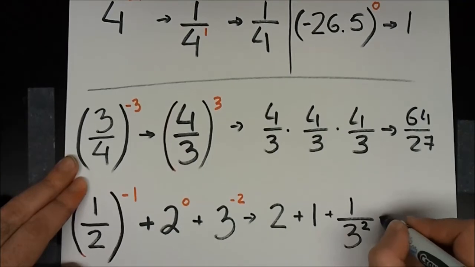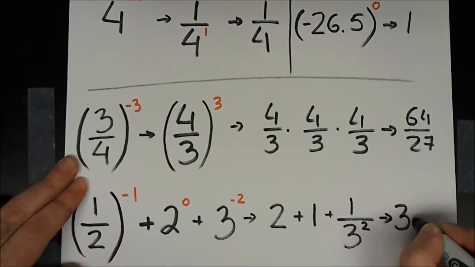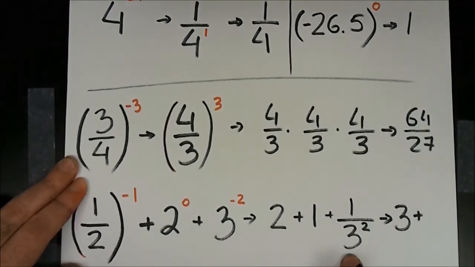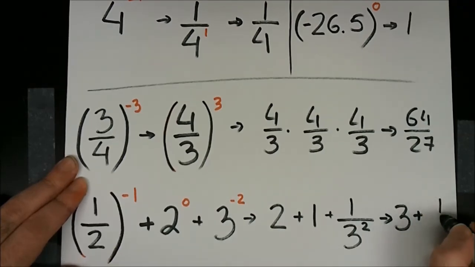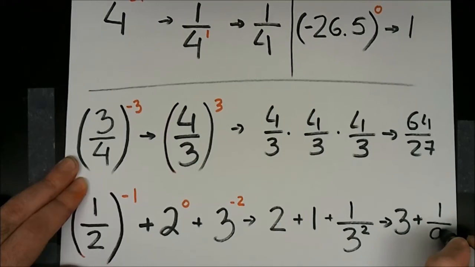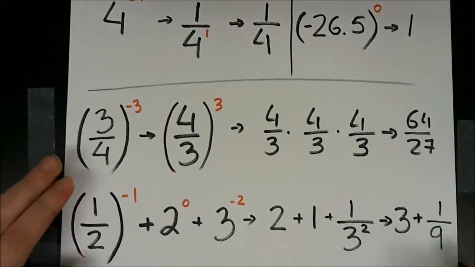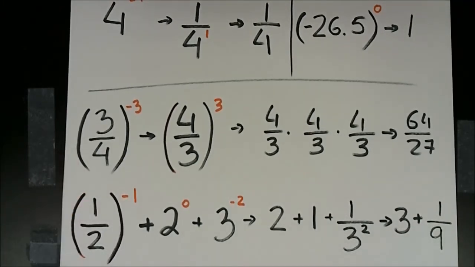And 2 plus 1 is 3, so this is simply 3 plus 3 to the second power is 3 times 3, and that's 1/9. And then you can combine these. We're not going to get into that. This was just a fun problem. If you can do this, you're golden with this section.